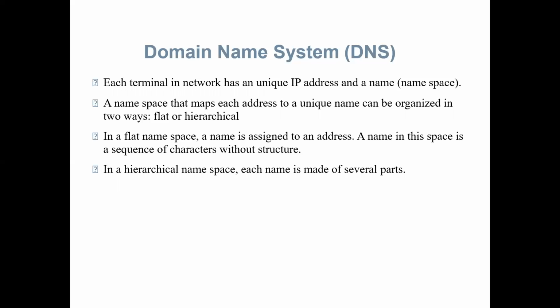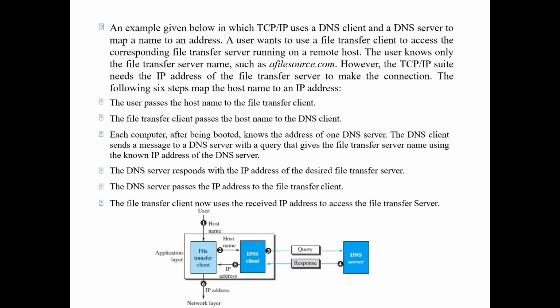A user of an email program may know the email address of the recipient. However, the IP protocol needs the IP address. The DNS client program sends a request to a DNS server to map the email address to the corresponding IP address. For example, this diagram shows that the user passes the host name to the file transfer client.